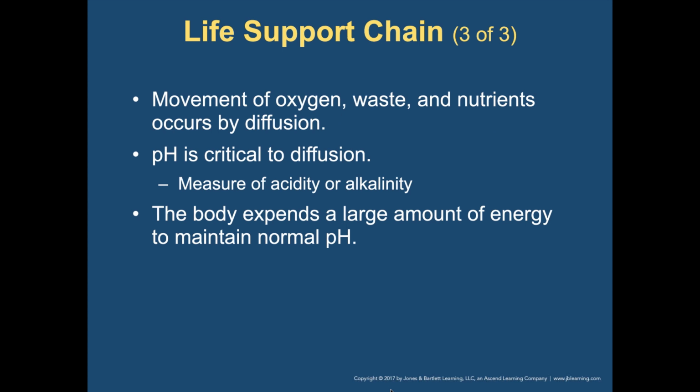All right, your pH is critical to diffusion. Your body likes to sit between 7.35 and 7.45 for a pH. It's just a little bit on the alkaline side. We try to keep it in that range. Your body does it on its own. Like I said, if it starts to get too acidic, your respiratory drive is going to pick up and you're going to start breathing off carbon dioxide very fast.